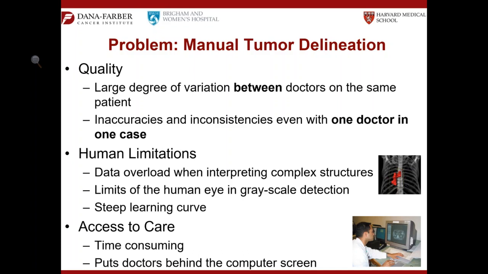There are certainly limits to the human eye, the human brain, I should say, in grayscale detection, so determining slight texture differences between one area of the scan versus the next. And there's a steep learning curve. It requires a lot of experience to get a comfort level and expertise at making sure that you're defining the tumor in the right location.